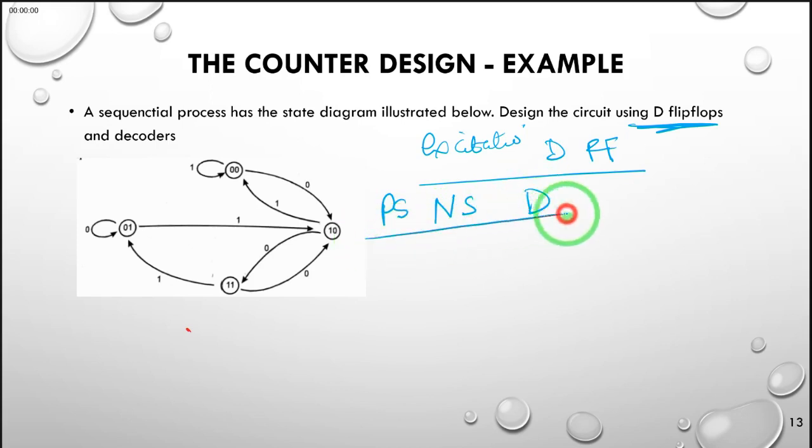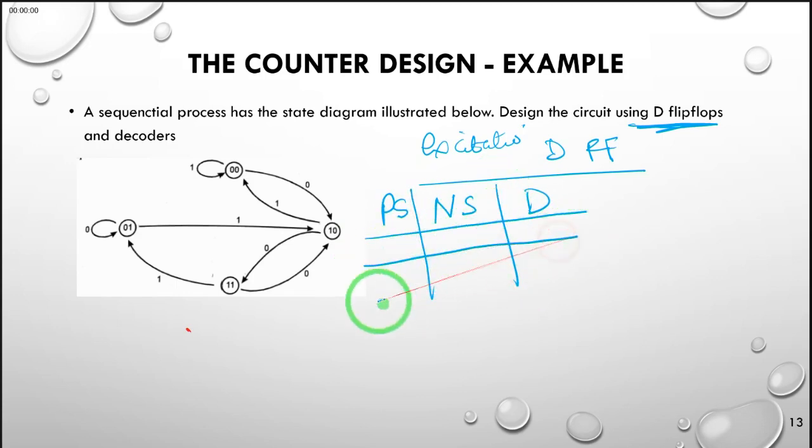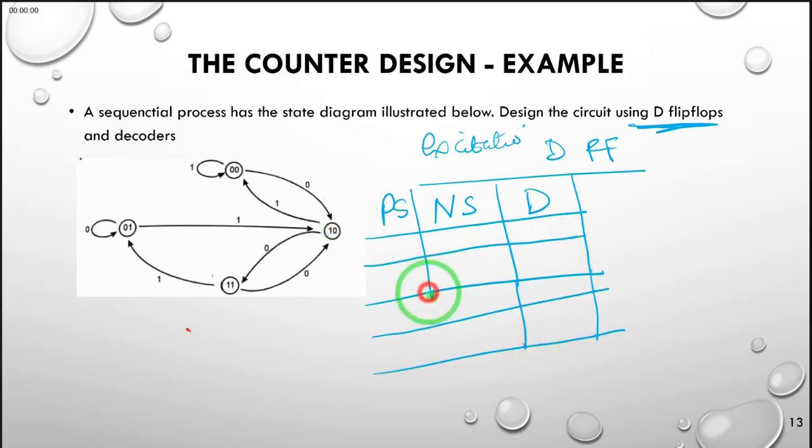In our case for a D flip-flop, the input is D. Because D has two possible states, we should be able to define the excitation table as follows. We are moving from state 0 to 0, 0 to 1, 1 to 0, and 1 to 1.